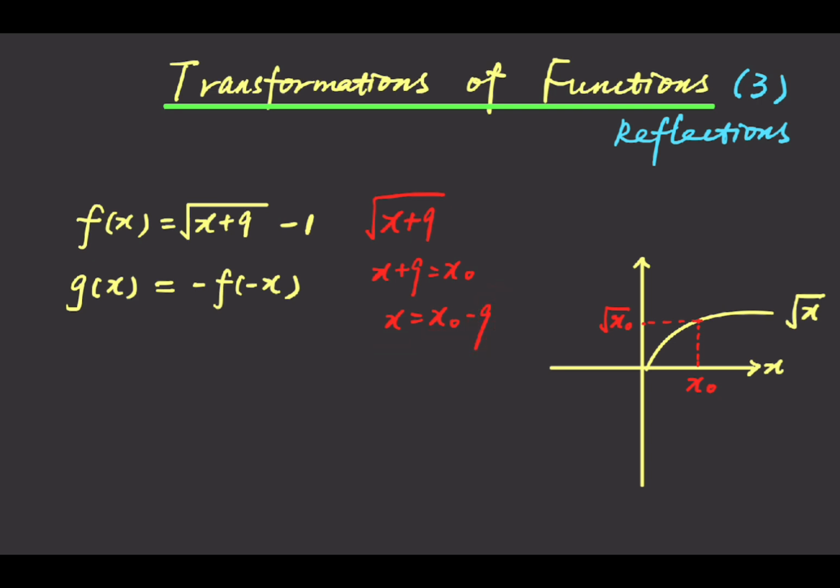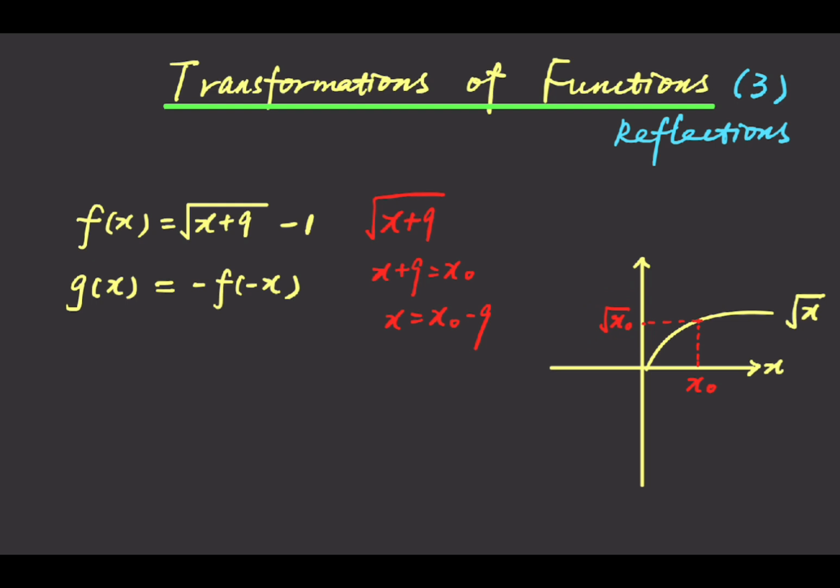So if we want to guarantee the y-coordinate the same, we just need to move every x0 to the left side to get x. Because if we can get the x, on the basis of the x, we add 9, we can get the x0. And if we plug in x0 into this expression, we can get this y-coordinate.